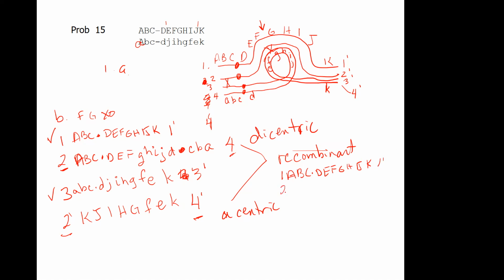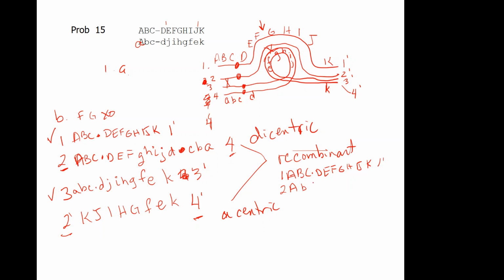Chromosome 2 is going to recombine, but now who is its closest neighbor? 3. So you're recombining with 3 now, chromatid 3, not chromatid 4. So now you're going to jump from 2 to 3. So you're going to have a capital A, then you're going to jump immediately over to chromosome 3.